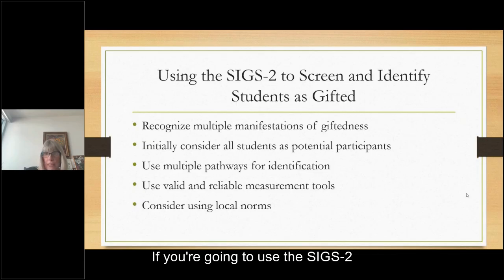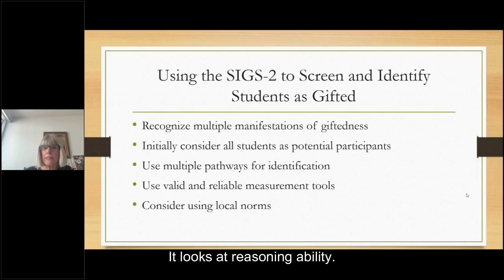If you're going to use the SIGS as a universal screener, you'd want to use a scale or scales that match the program that you serve your students in. Or another option is use the general intellectual ability scale, because that's a more generic scale.